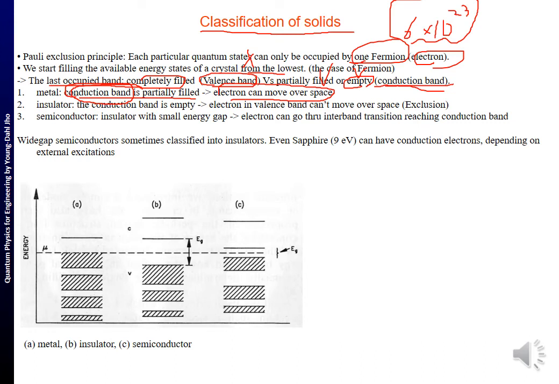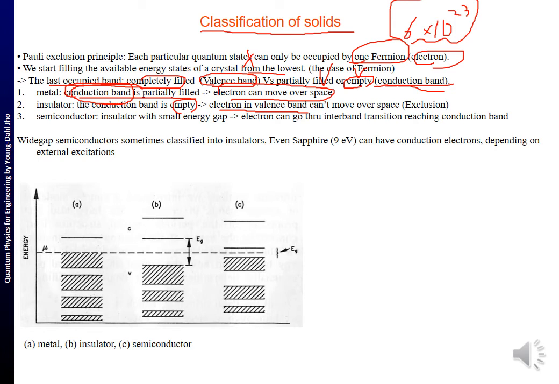Conduction already means the electron can move freely, so that we have conduction. In an insulator, the conduction band is empty, and the electrons in the valence band cannot move over space. Okay.